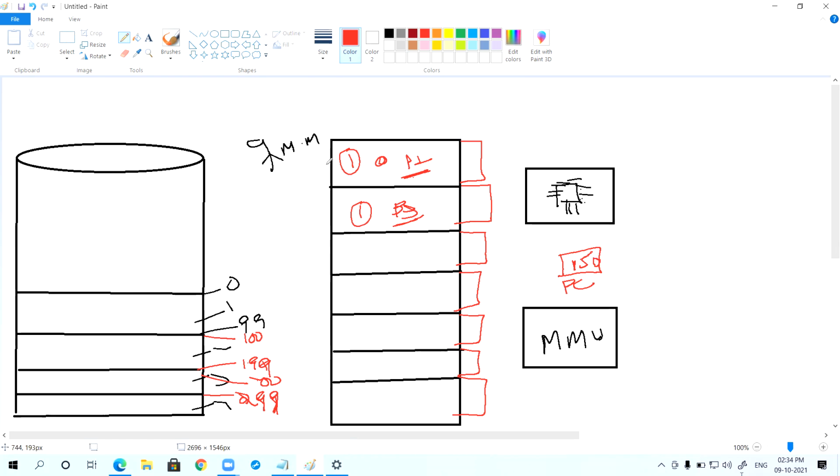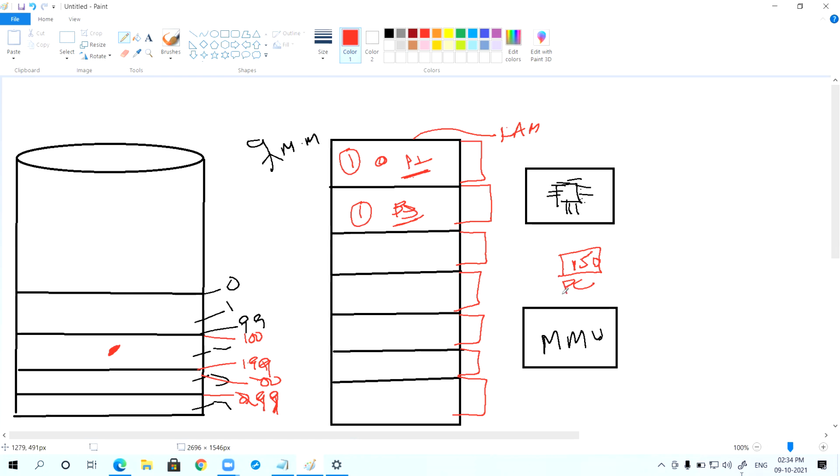That 150 is not a RAM address. 150 is nothing but a virtual memory address.